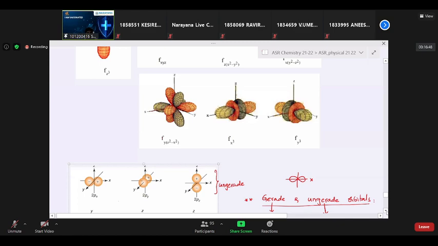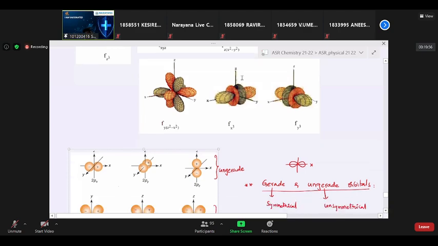Gerade means symmetrical and ungerade means unsymmetrical. So what is the meaning of symmetrical, and what is the meaning of unsymmetrical? We will discuss that, no problem.